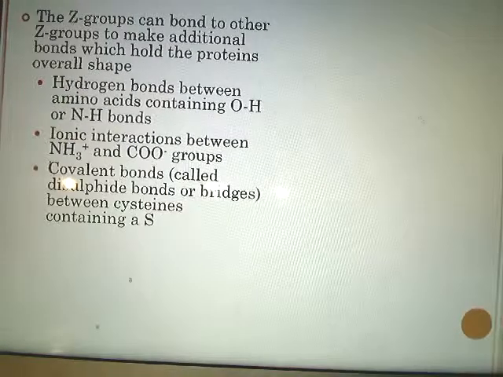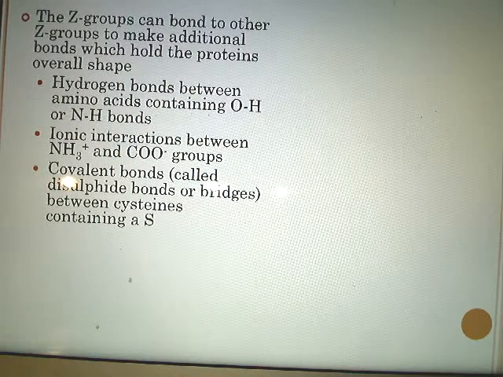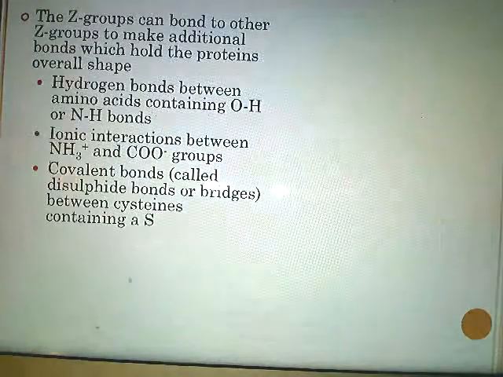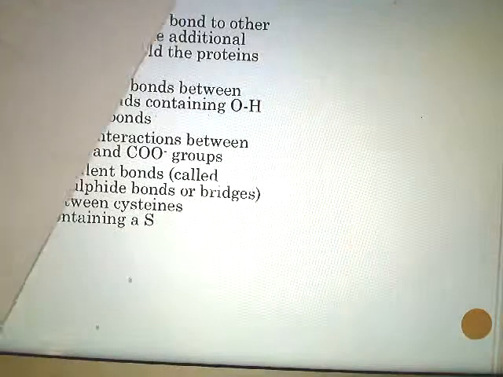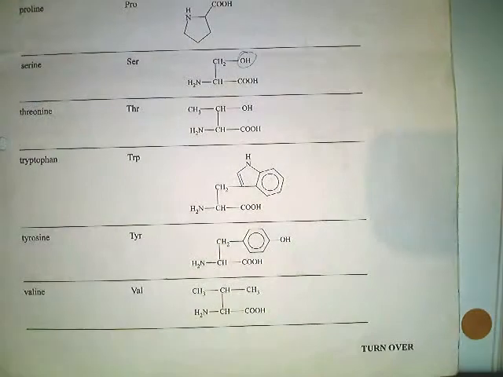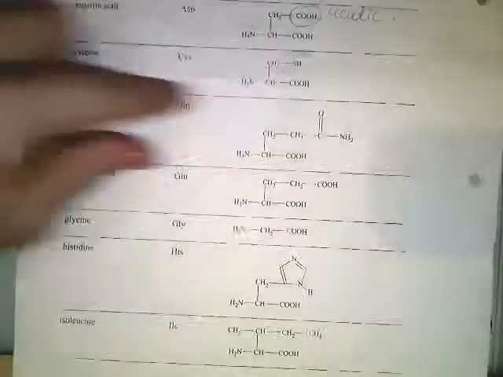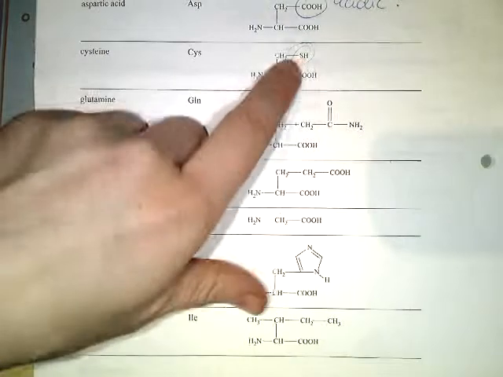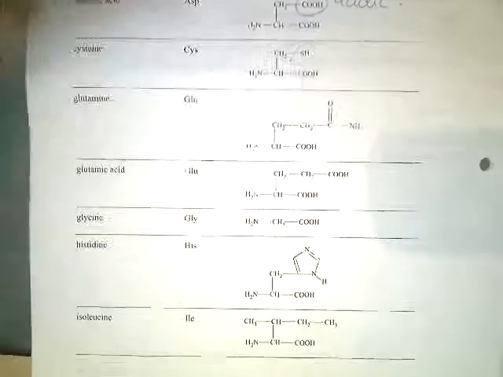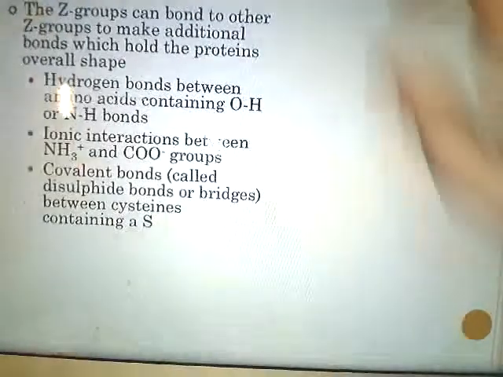Okay. Then we've got covalent bonds. Covalent bonds only occur between cysteine Z groups. So cysteine's over here. This can undergo a covalent bond with another cysteine at the Z group. And what happens is it looks like this.